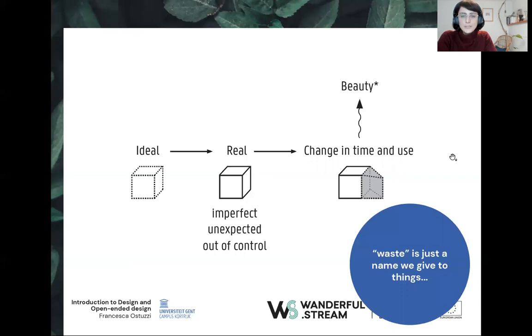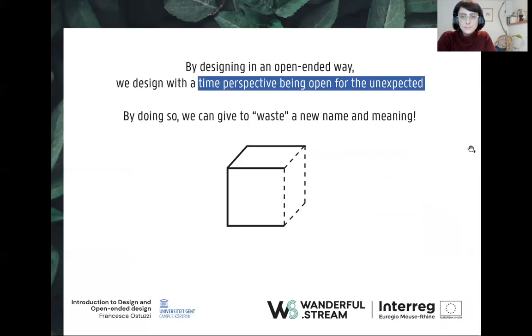If we embrace this perspective, we realize very quickly that waste is really just a name we give to things because they changed in a way that we did not like, did not expect, did not anticipate, and therefore they become waste for us. But we know very well that many of the resources and products that get wasted are not really waste, are still very useful and can have very high potential.